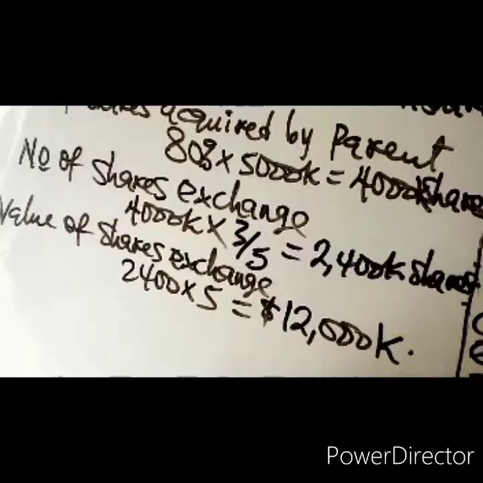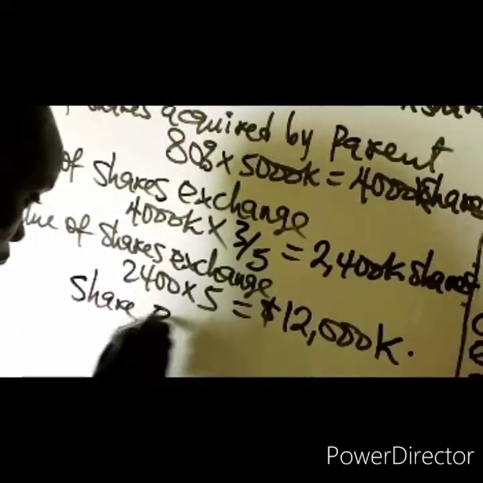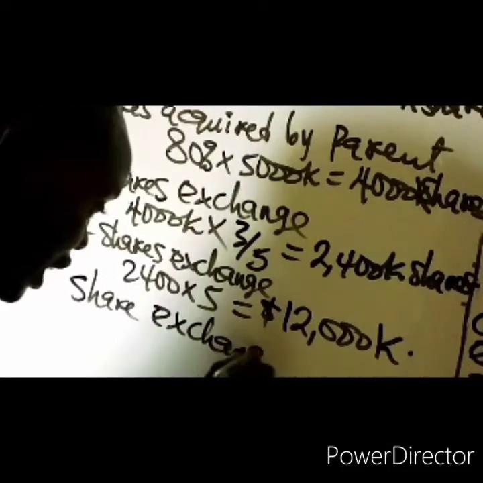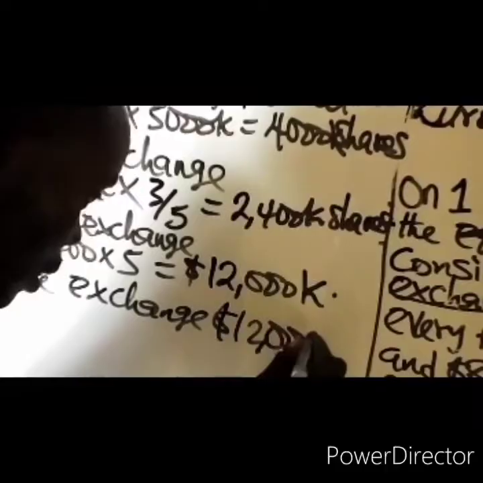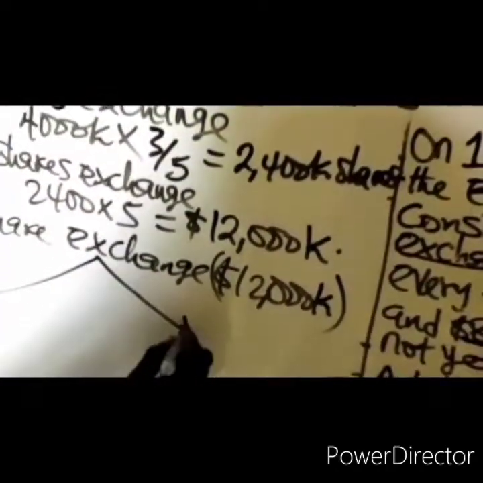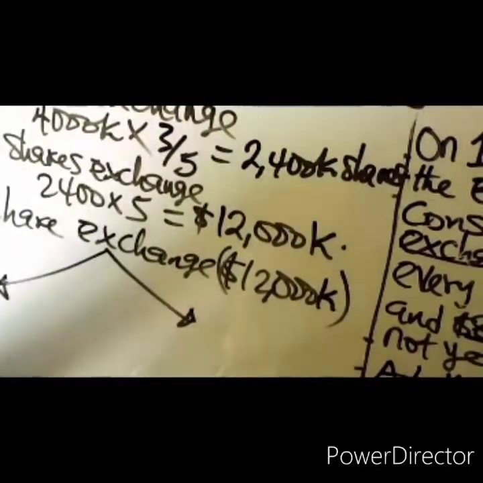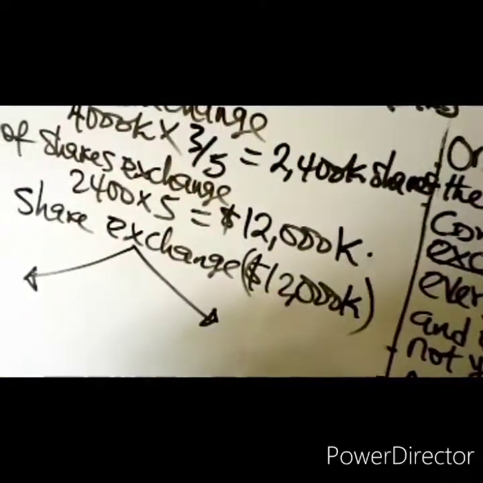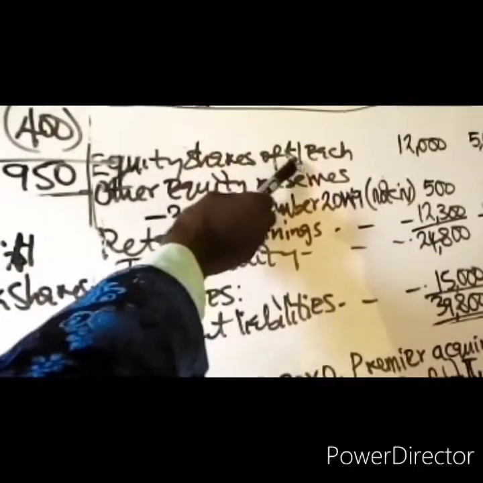This consideration on share exchange will be divided into 2. Share exchange of $12 million will be divided into 2. The par value of it will go to share capital, while the premium on it will go to share premium. Remember, the market value of the parent is $5, and the par value of the parent is $1.